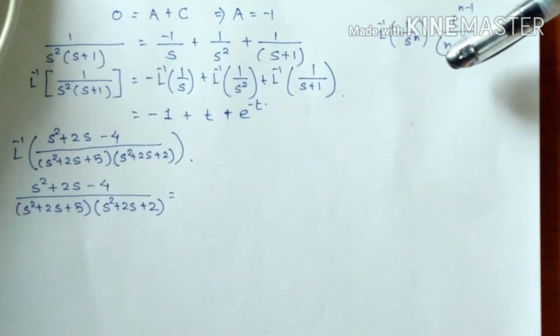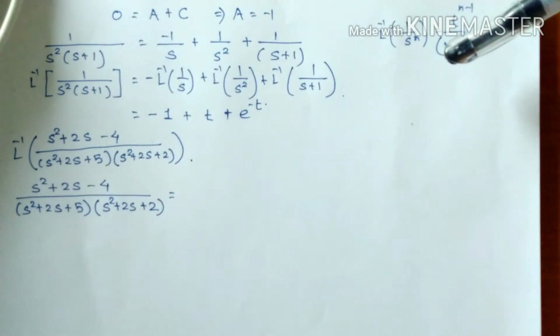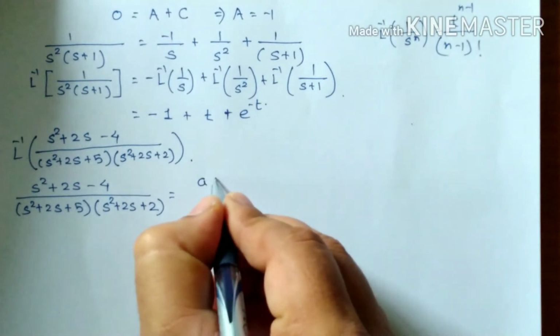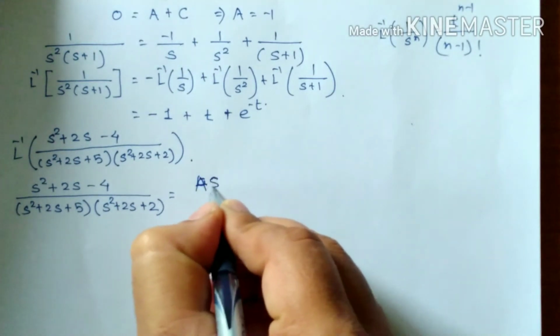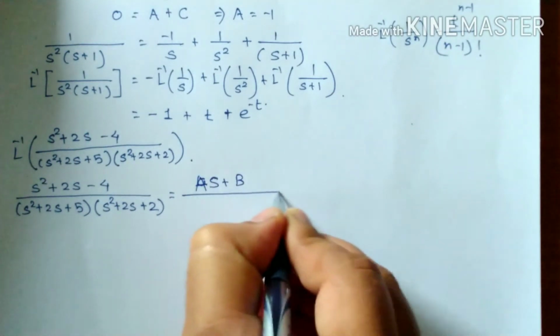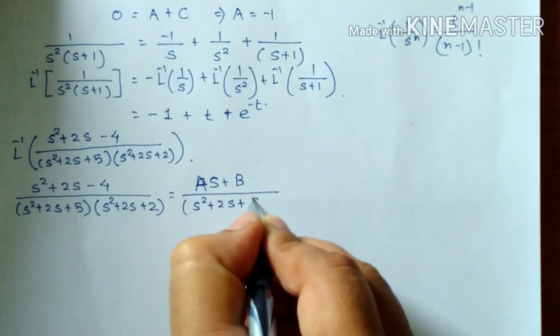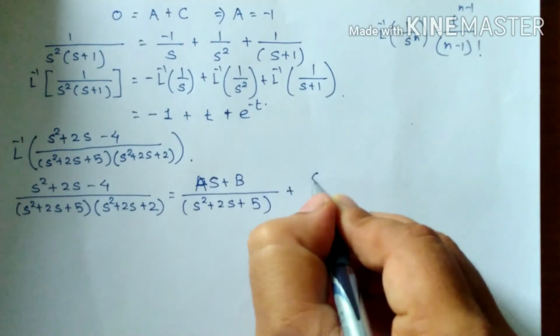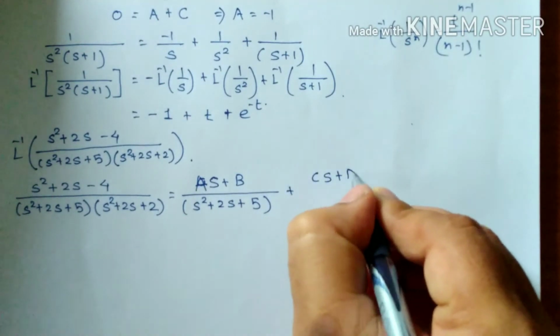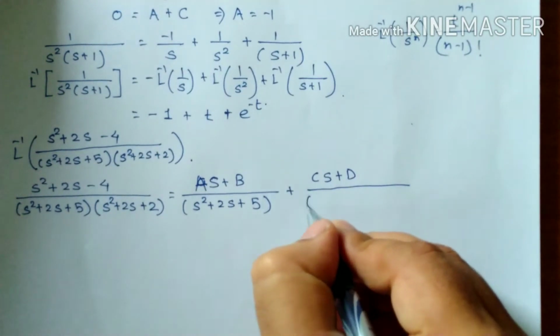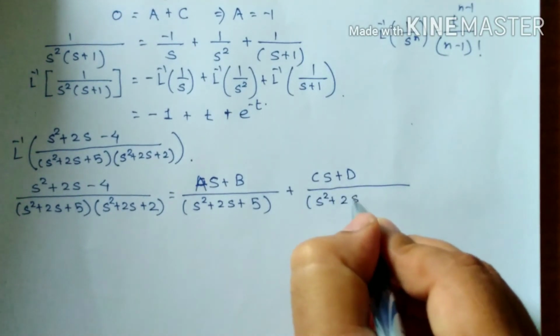Now what you will do, first I'll go for a into s plus b divided by my first term in the denominator, s square plus 2s plus 5. For the second quadratic term, again I have the same structure in the numerator, cs plus d, and the term is s square plus 2s plus 2.